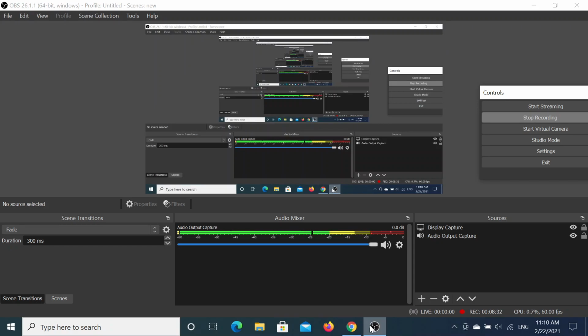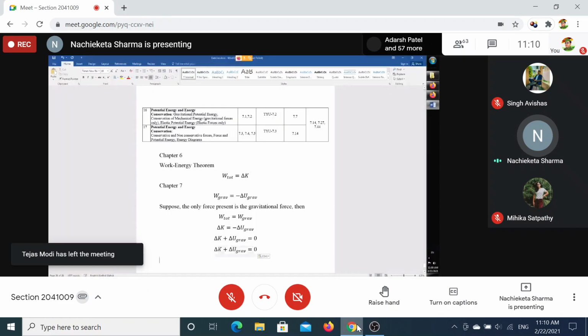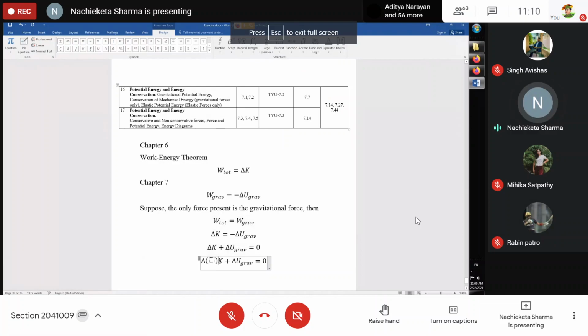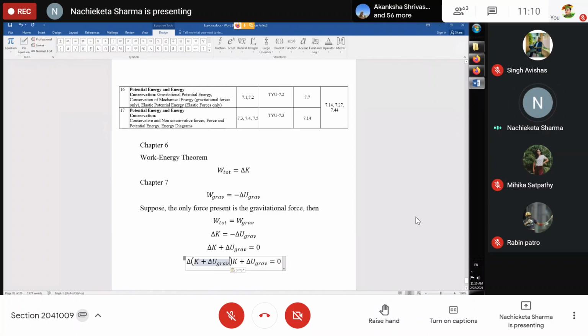Then you can take a delta outside a bracket: the change in kinetic energy plus the change in gravitational potential energy must be 0. So delta of (K plus U grav) is equal to 0.